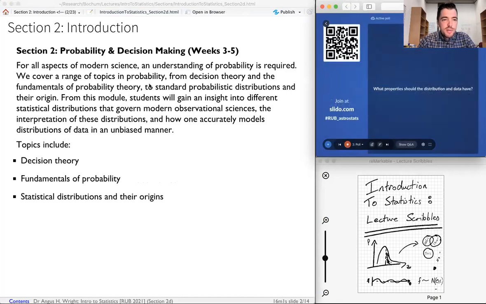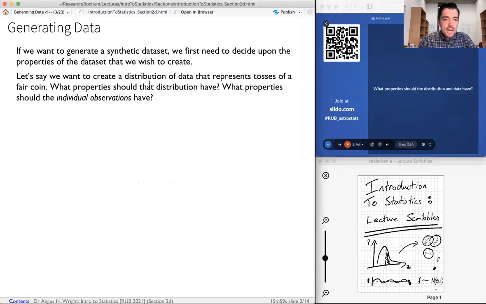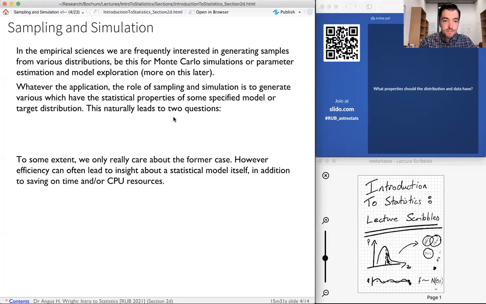Okay, so I asked at the beginning if people had any opinions as to what the distribution of these data should look like. We have a coin toss, a fair coin, and we've already seen what distribution that has in earlier lectures, and we want to know what properties the distribution should have and what properties the individual observations should have.